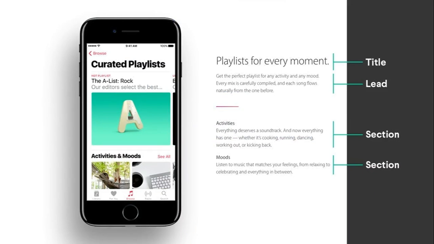So let's look at this picture. Of course, you could see that this actually works for text, and you could see it also play out right there in the website, where you could see the curated playlist has more visual emphasis than the A-list rock. So the idea is that you have to position information in your design in order of more important, less important, and least important.